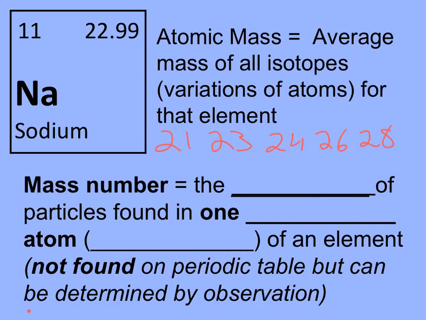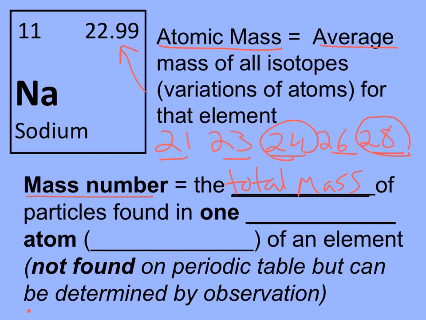So one of the essential questions that we want to be able to answer is, how can we differentiate between the atomic mass and what's called the mass number? The atomic mass, remember, is the average of all the isotopes for that atom. So this is the atomic mass for sodium. Now the mass number, because we might be looking at sodium that's got a mass of 28 or 24, the mass number is the total mass of particles found in one specific atom or isotope of an element.